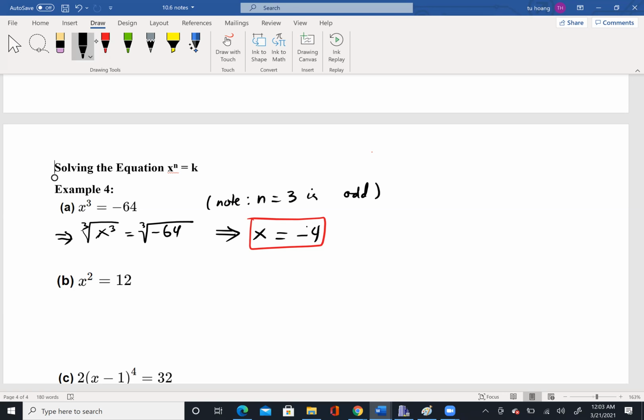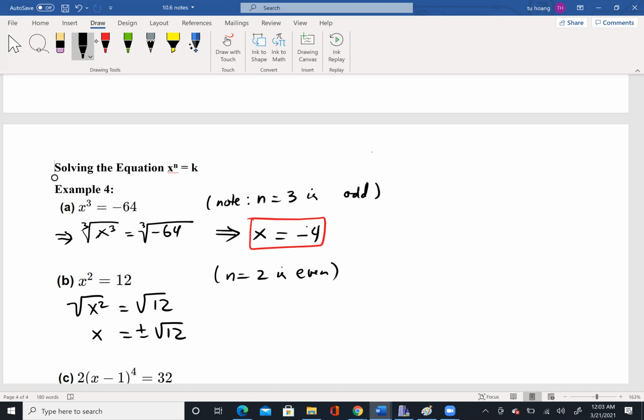So we have the second one, where n equal to 2 is even, right? So what I'm going to do in this case is square root both sides, and I finally will have x become positive and negative square root of 12.